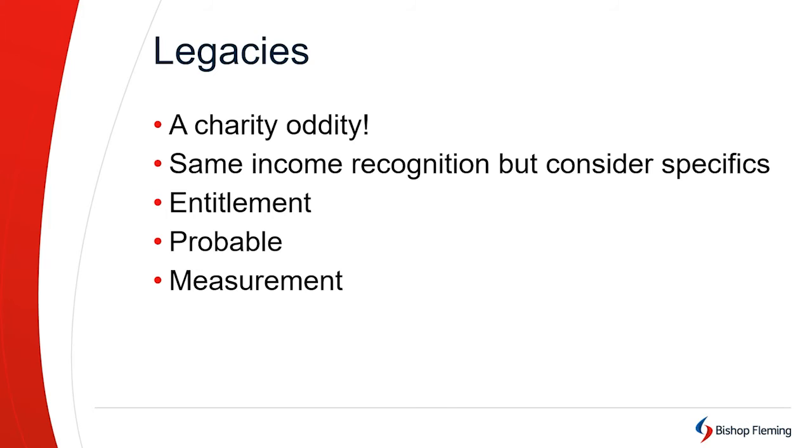You might get lucky, and it might be one of those very simple legacies where you've just been left £1,000 from somebody's will, and there's nothing complex going on there. But very often, particularly the bigger charities, might be being left the residual in an estate, or they might be left 50% of an estate.